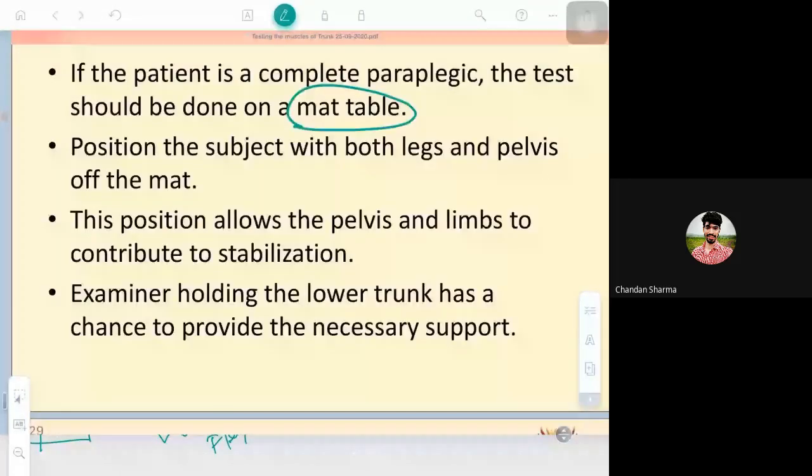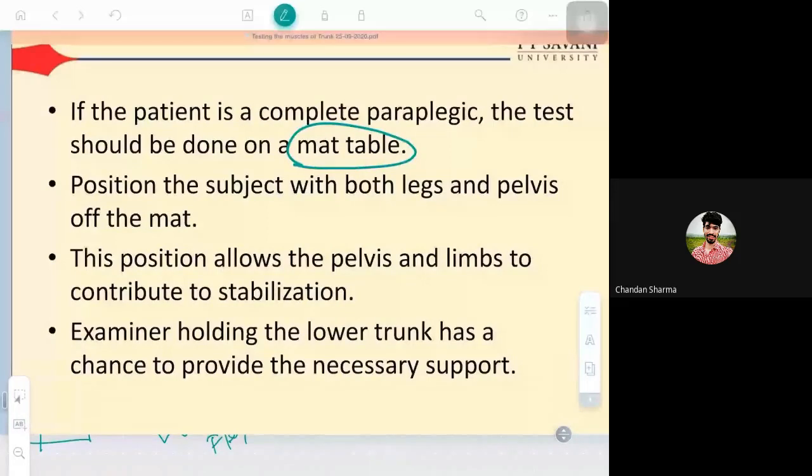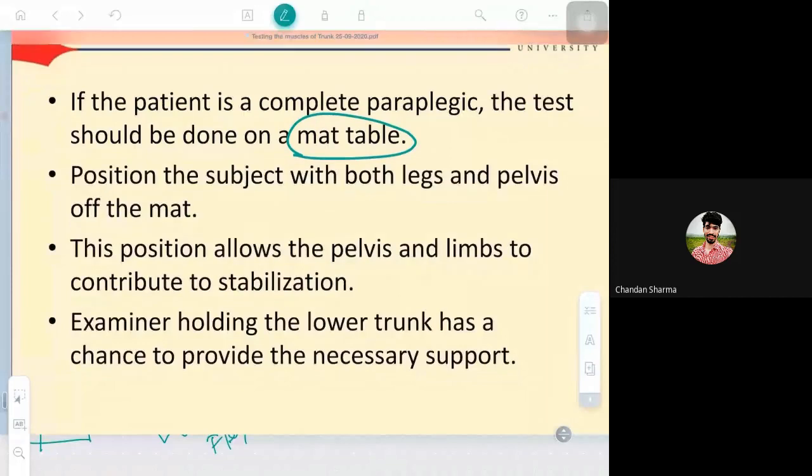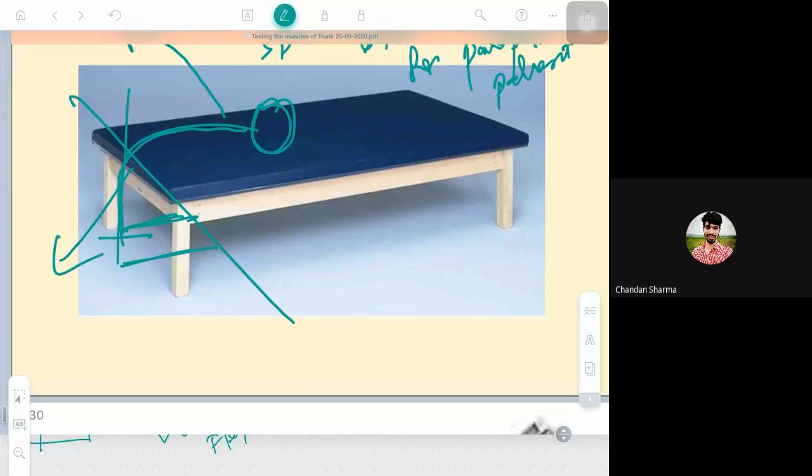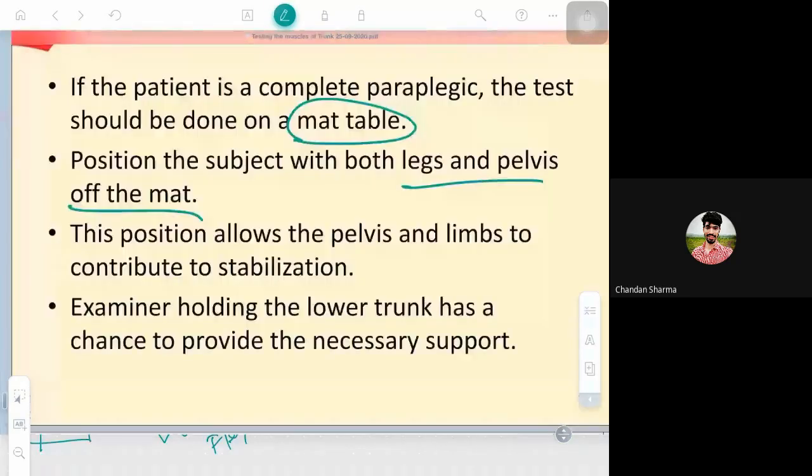Position the subject's both legs and pelvis off the mat. Off the mat means this is off the mat. Clear? Position the patient's leg and pelvis off the mat. This position allows pelvis and limb to contribute to the stabilization.